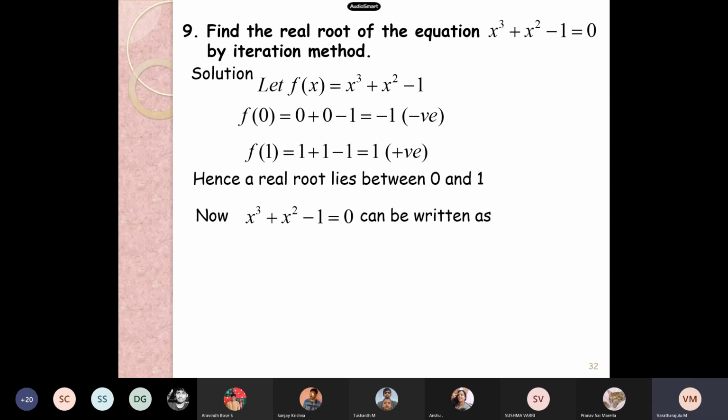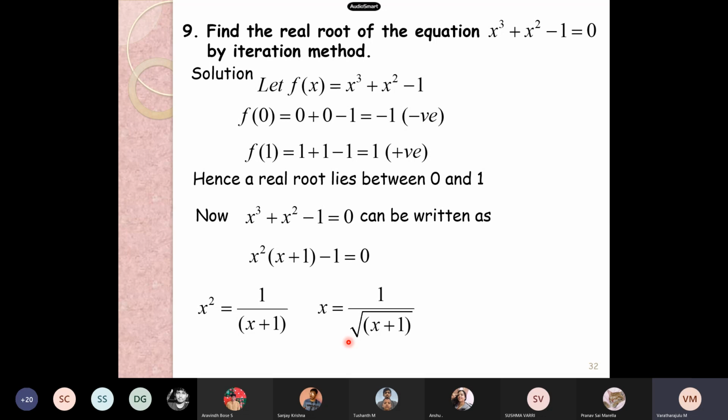And now this equation has to be rewritten in order to be considered as pi of x. I am taking the x square out from the first two terms, so I am getting x square into x plus 1, minus 1 is equal to 0. This minus 1 becomes plus 1 on the RHS, and the multiplication factor x plus 1 becomes the denominator.